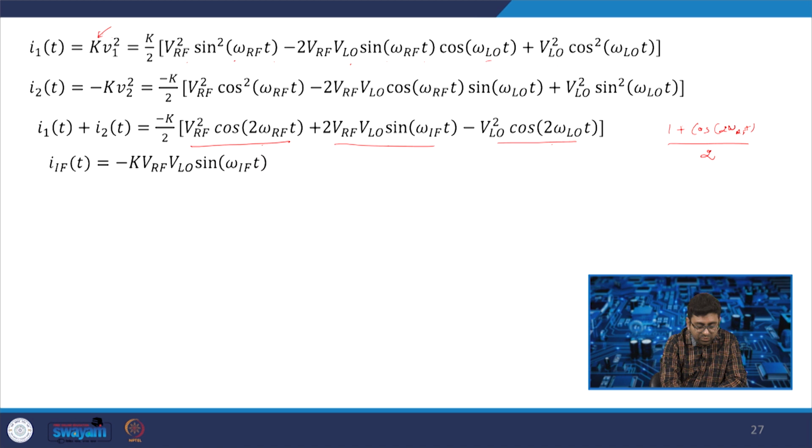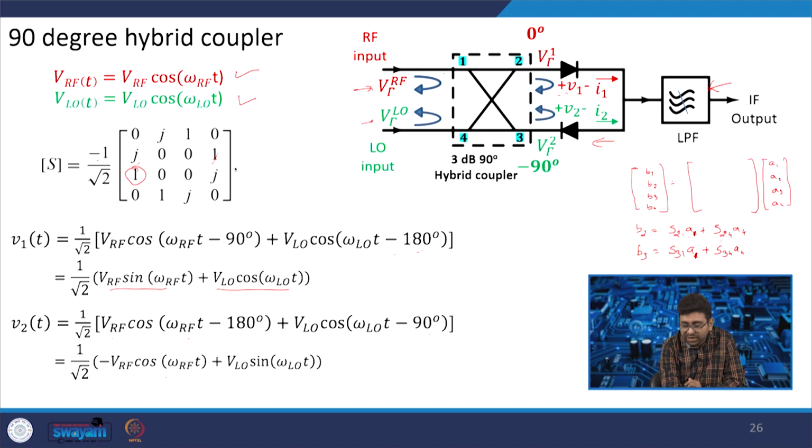Now we will try to see how the reflection, that is, what is the input impedance or the return loss at the input side, that we will get. So there is a V gamma 1, which is equal to gamma into V1. Gamma is the reflection coefficient, it is equal to minus A by root 2 gamma into VRF.